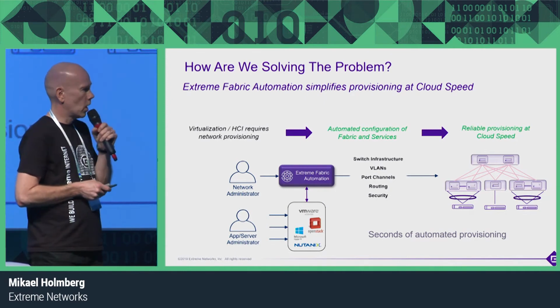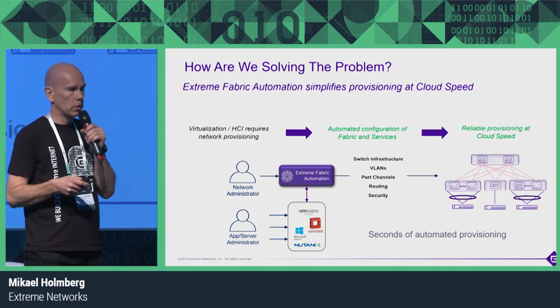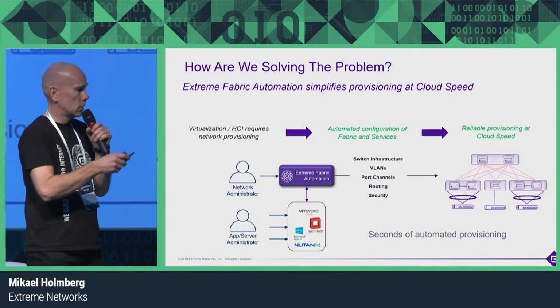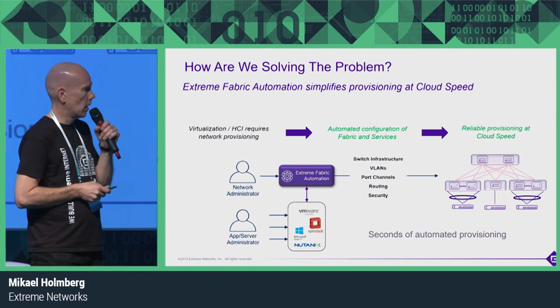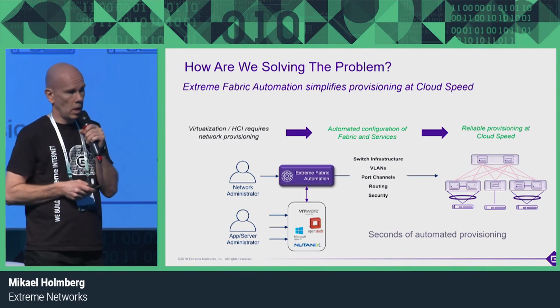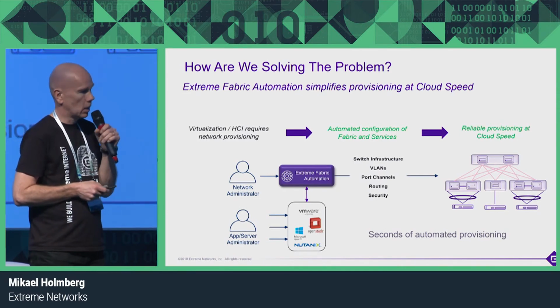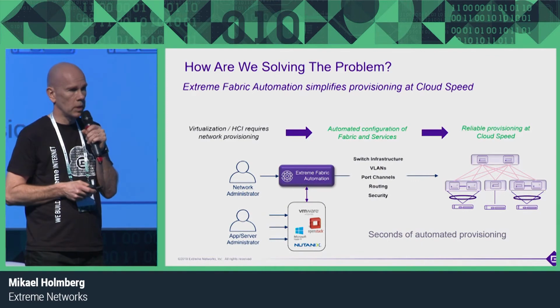What I mean by that is that we automate the configuration of not only the infrastructure, but also the services, being the tenants. So you have a single application that the guys on the left-hand side work towards to get those things done. And that allows us to go into seconds of provisioning compared to the previous example, because we automate everything.